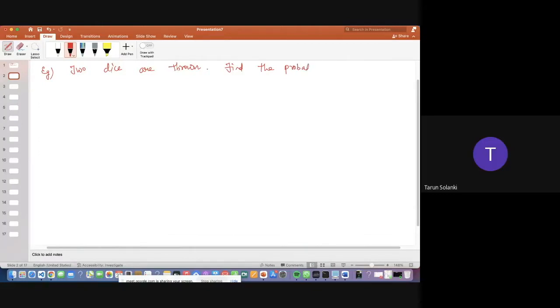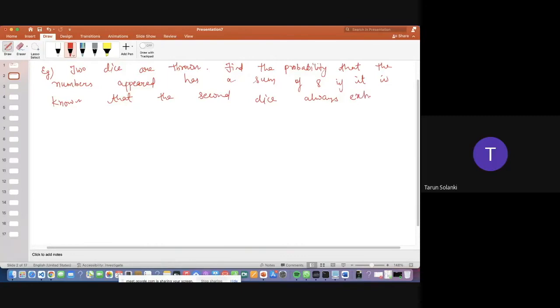Find the probability that the numbers appeared have a sum of 8, if it is known that the second die always exhibits 4. Sorry. Okay. So let us solve.